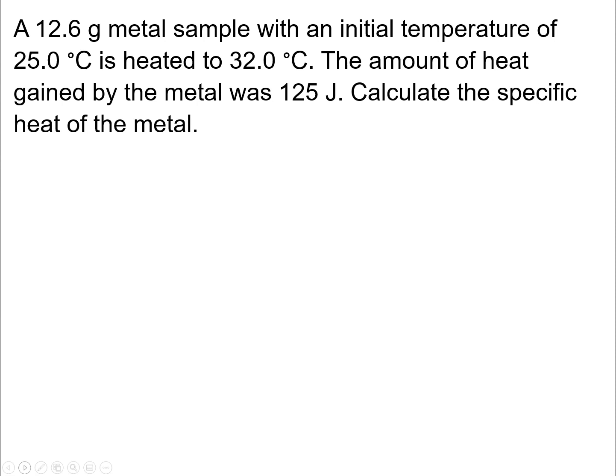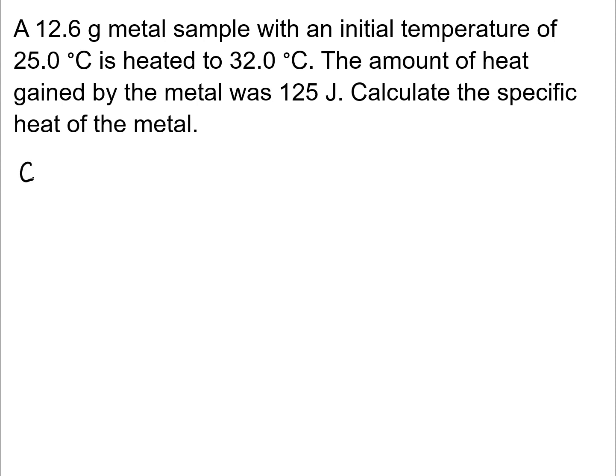Now we'll do a specific heat question. This one is a very straightforward calculation. Before we get to the calculations, I want to remind you of the equation and what each piece means.